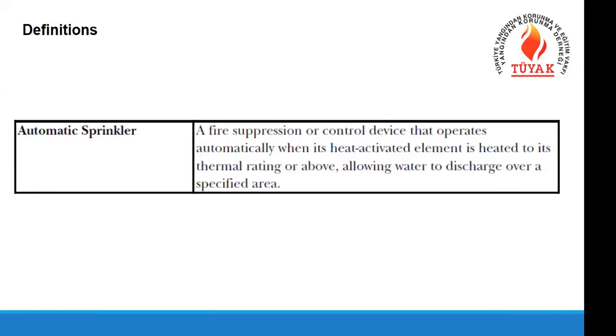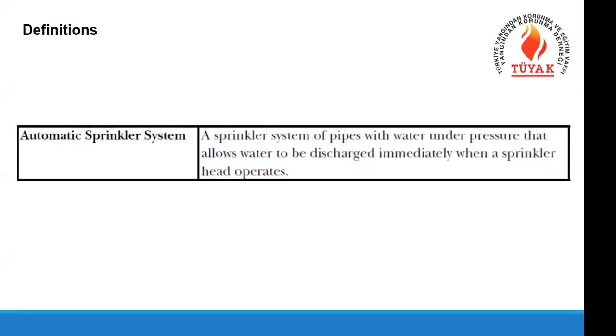So you don't need any kind of extra detection device because it's already a detection device. It has a heat activated thermal element. And an automatic sprinkler system is a system with pipes and water under pressure that allows water to be discharged immediately when a sprinkler head operates.